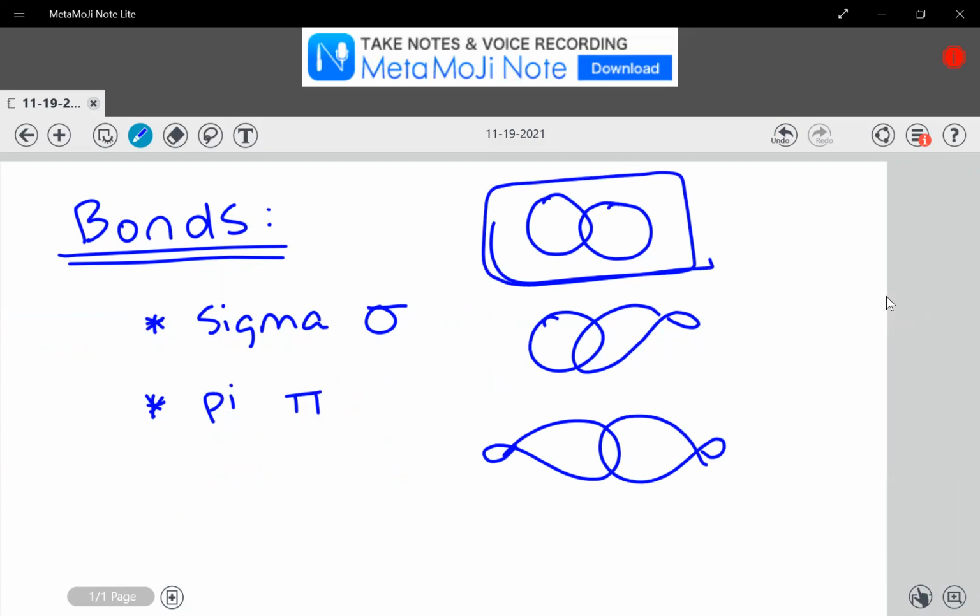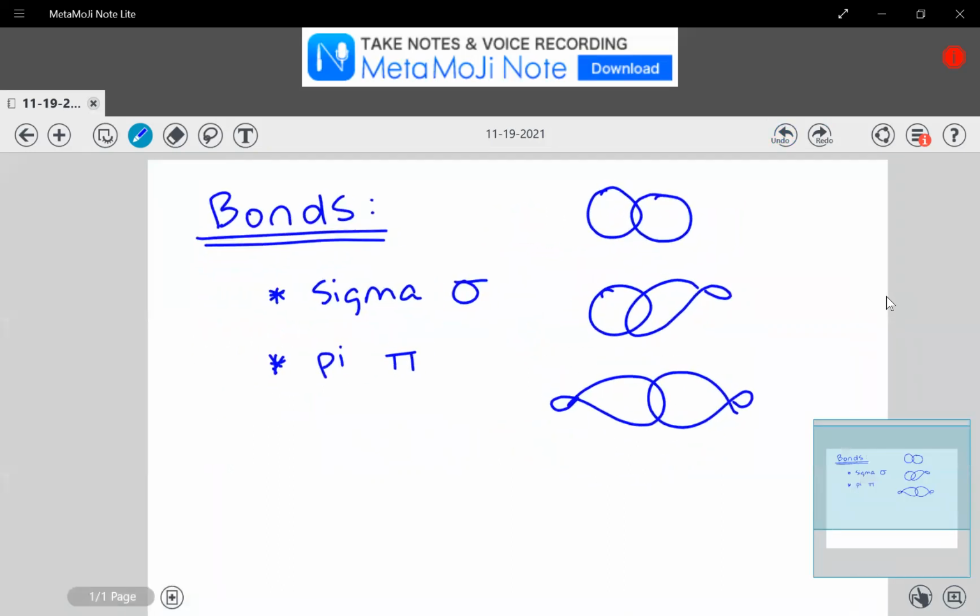Usually that tends to be simpler, but just know that an s and p can combine to form these sigma bonds, or even two p orbitals can combine to form a sigma bond. So it's maybe just another word for single bond, pretty much.